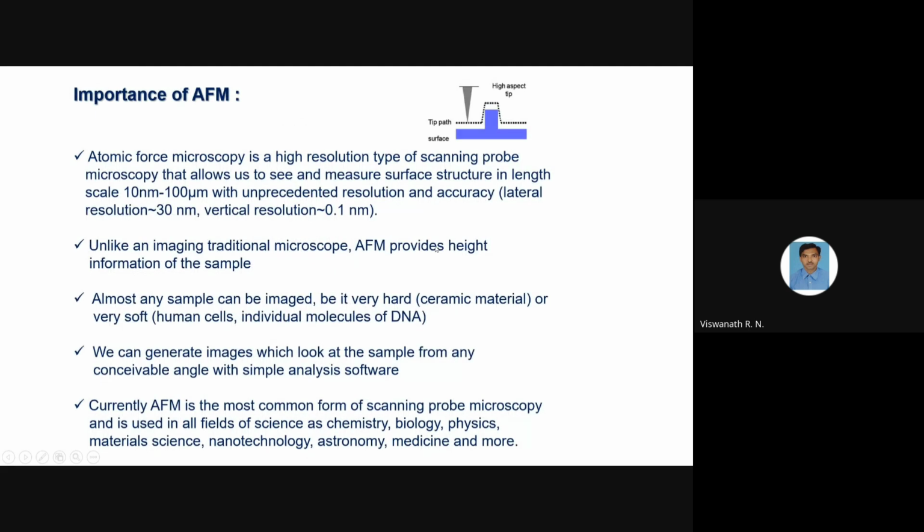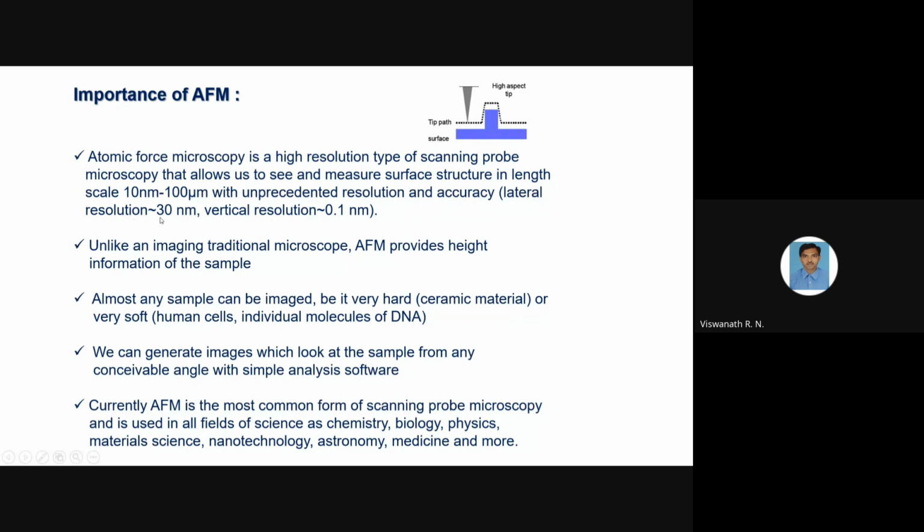Okay, importance of AFM. AFM is a high resolution type of scanning probe microscopy that allows us to see and measure the surface structure in a length scale of 10 nanometers to 100 micrometers with unprecedented resolution and accuracy.